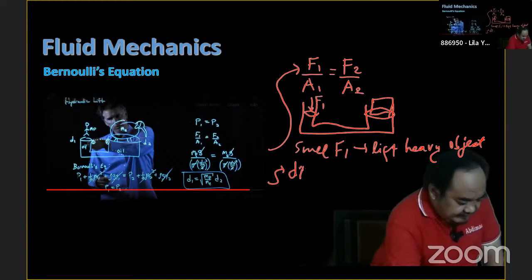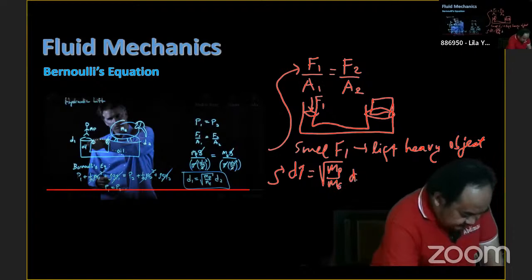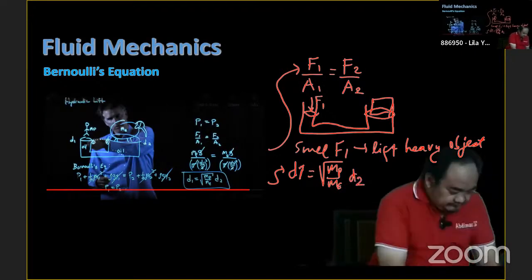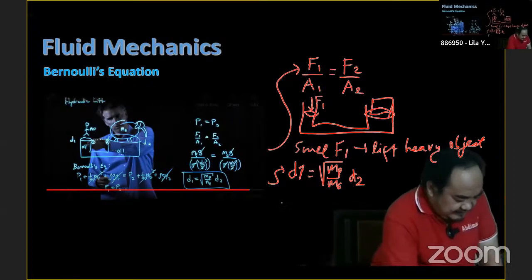D1 equals the square root of m_p over m_e times D2. Here P is for person and E is for elephant.